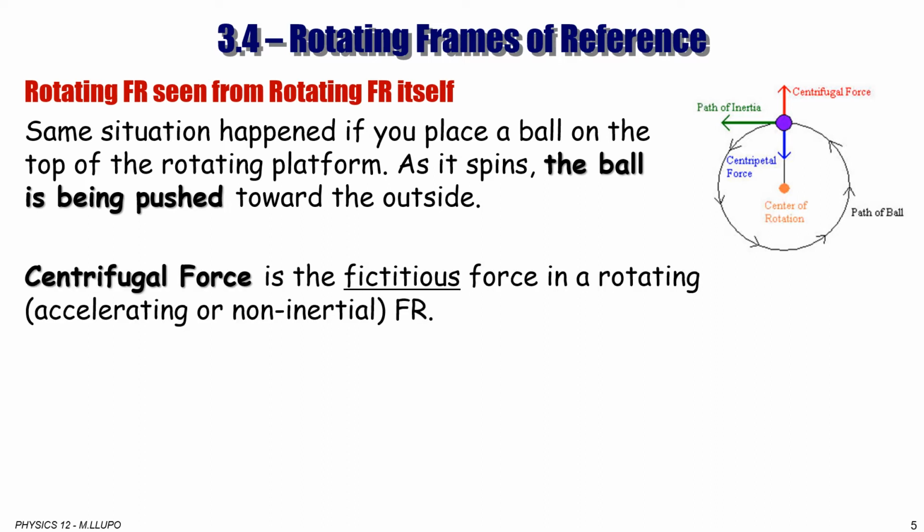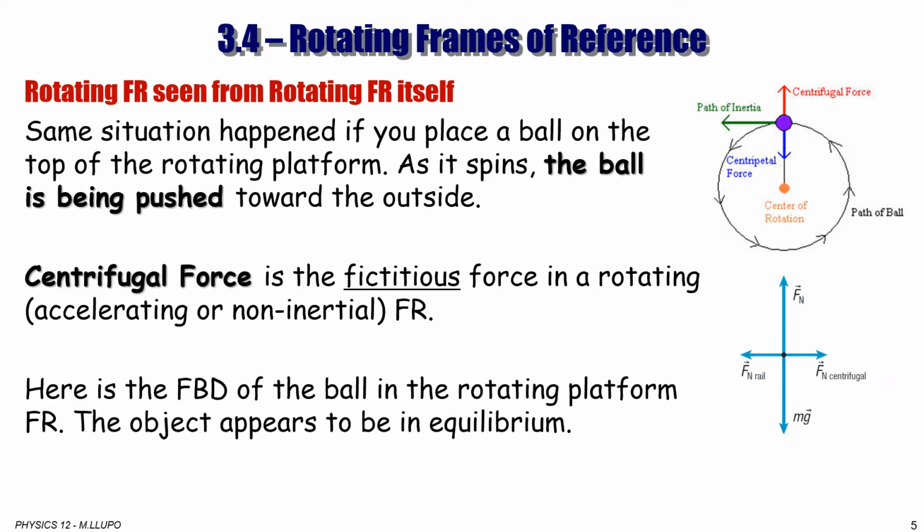So centrifugal force, again, is a fictitious force in a rotating frame of reference. That means a frame of reference that is accelerating, or a non-inertial frame of reference. Again, if you do a free body diagram of that ball on a rotating platform, the force holding the ball is going to be canceled by what we call centrifugal force.